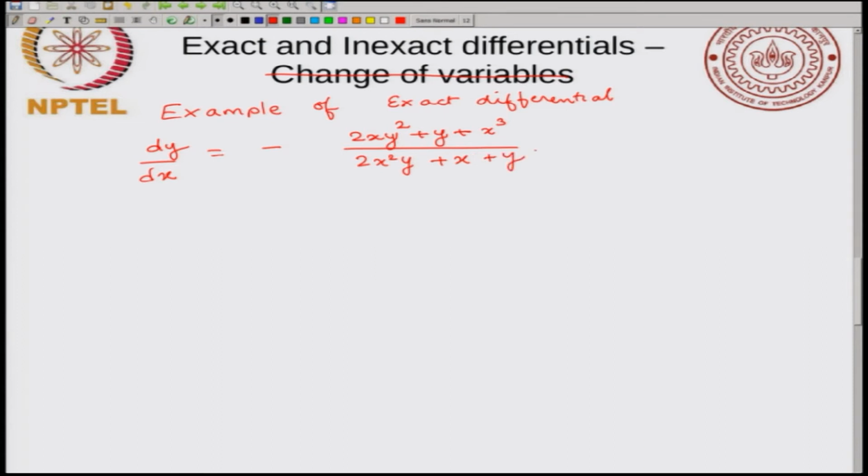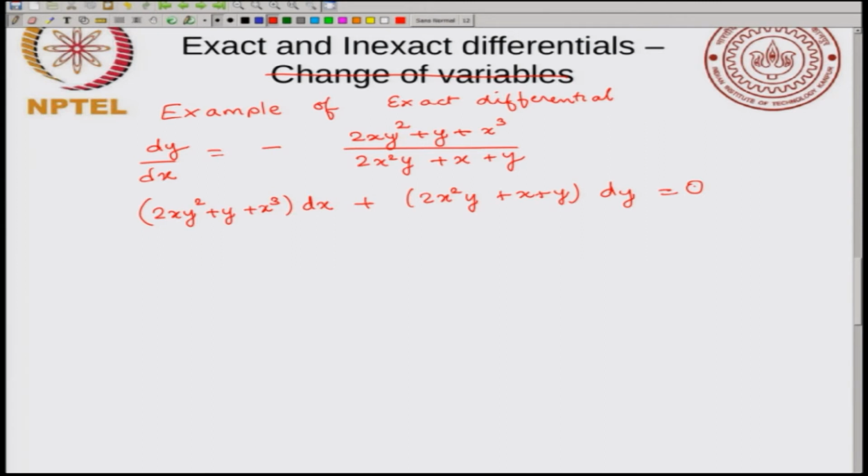Okay. So, what I will do is I will rewrite this, bringing this times dx to the left. So, I have (2xy² plus y plus x³) dx plus (2x²y plus x plus y) dy equal to 0.